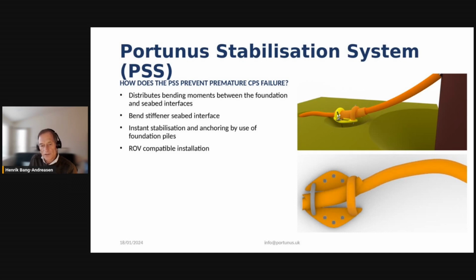On the top, we have the scoured seabed around both the foundation and the actual PSS structure, and on the bottom here we just show the curvature of the PSS when the CPS is in one of the extreme positions from the wave, when it's been cyclically moved from here at one extreme side, and on the rear side of the same wave will be taken to the other side.